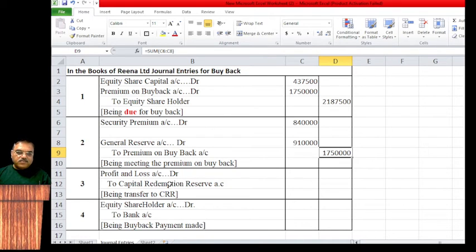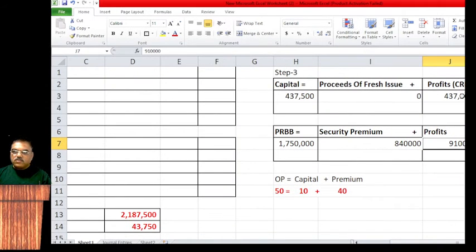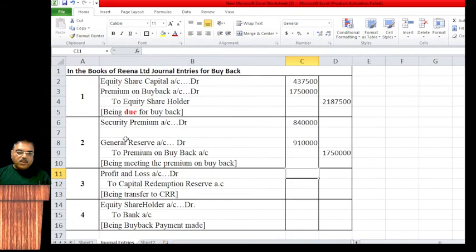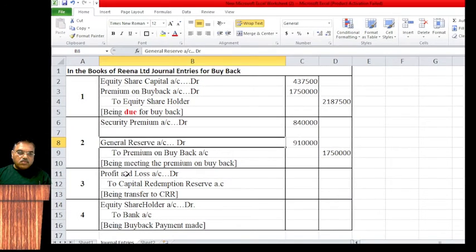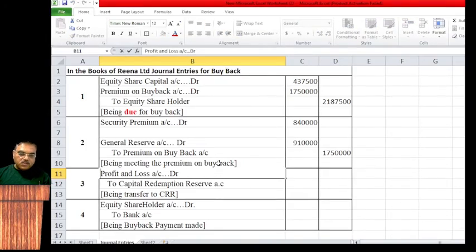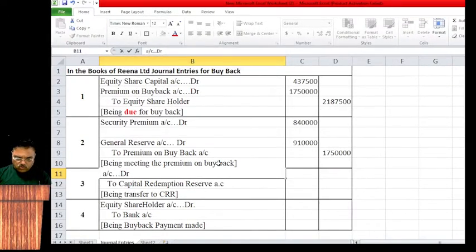Now next, amount to be transferred to CRR. Which amount do we transfer and from where? First, the general reserve account we transfer to CRR. Here I have written profit and loss, but it's not profit and loss, it is general reserve. You can take profit and loss account also, no problem, but here I have taken general reserve.